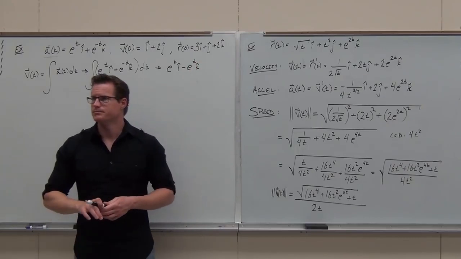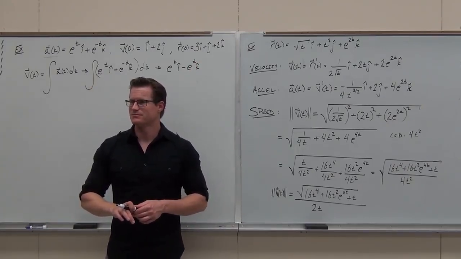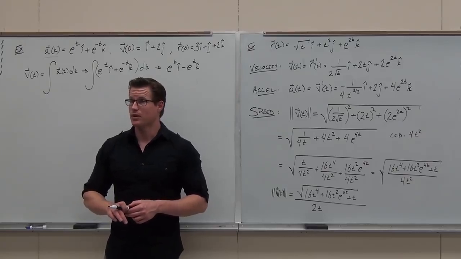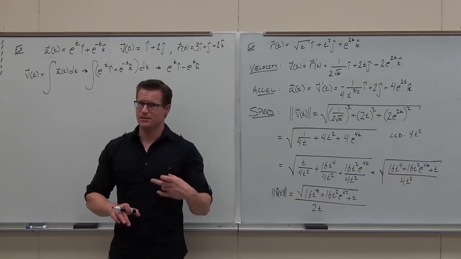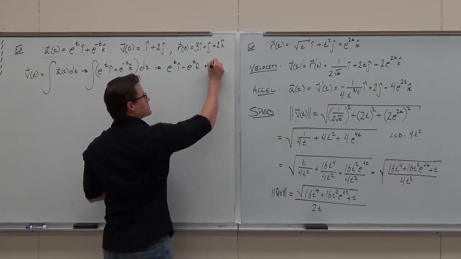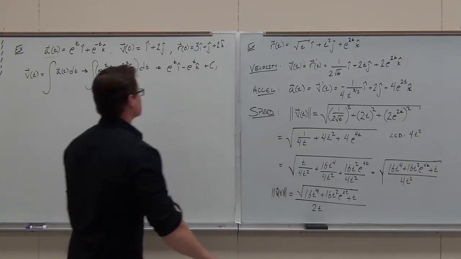Left-siders, you get the last part. It's not a definite integral, right? So we have a plus c, and that plus c is a vector. I proved it earlier. So this is a plus c, the first one, because we're going to have a couple, plus c1.